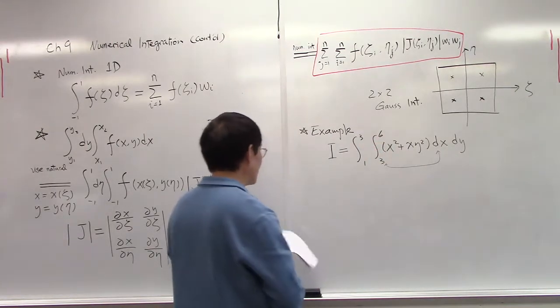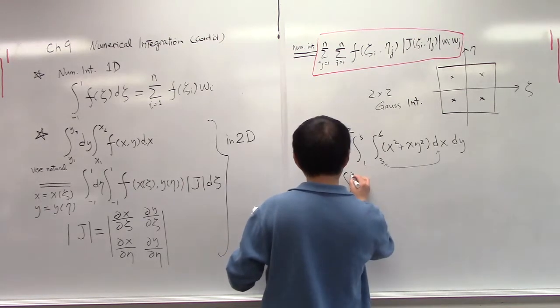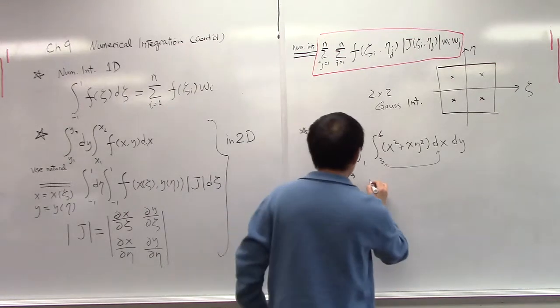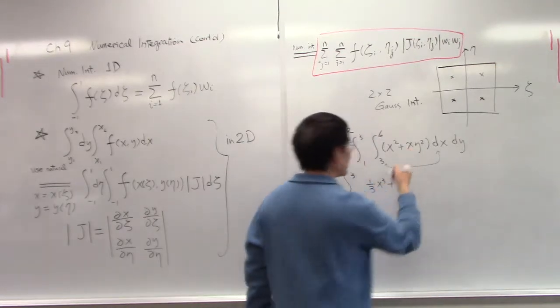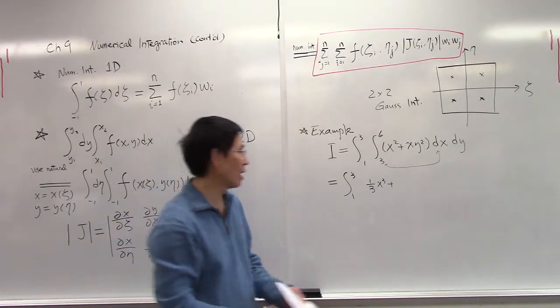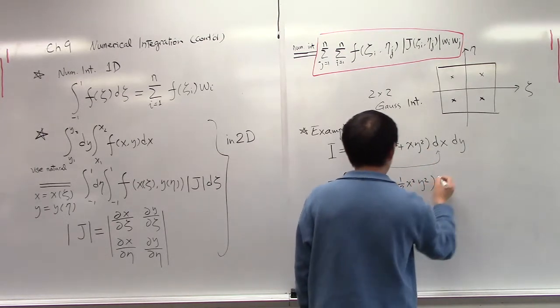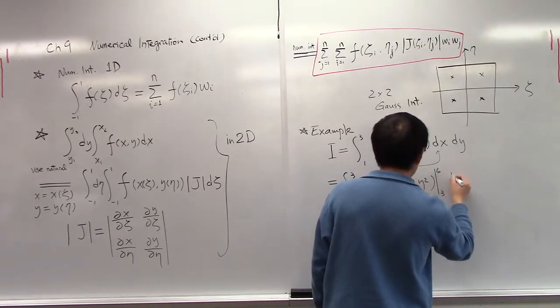So let's do that first, by hand. You integrate that. x squared gives 1/3 x cubed. And when you integrate x, it gives you half x squared, and y squared is still there. And put the limit of x from 3 to 6.